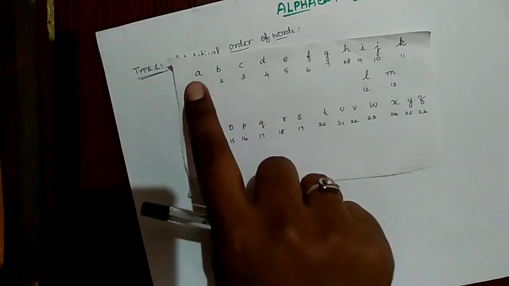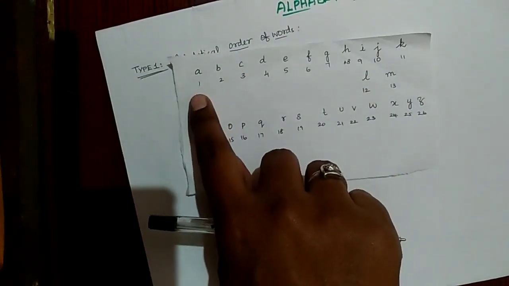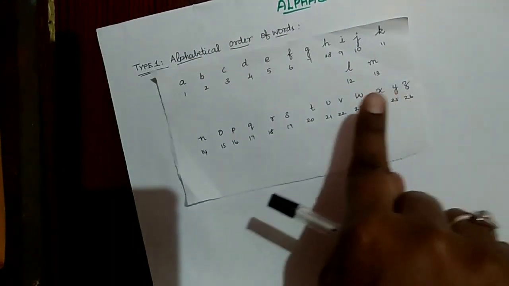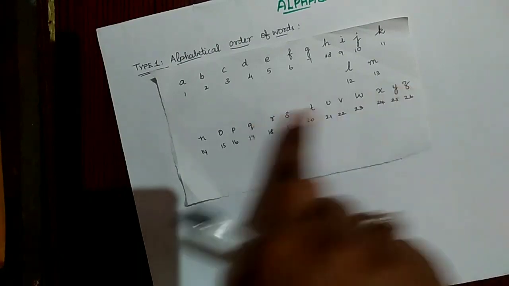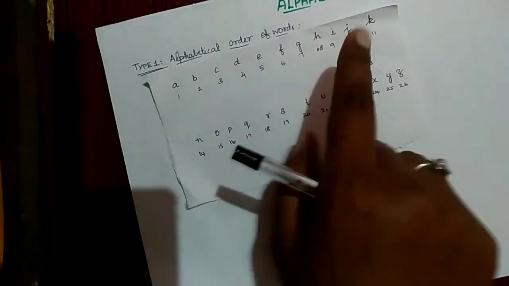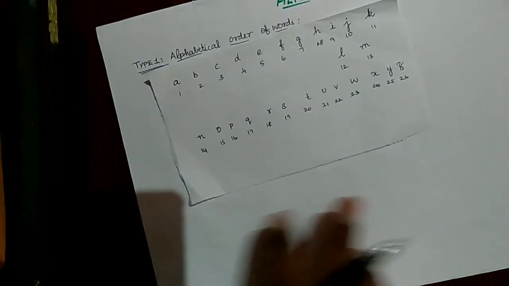Okay, so I have written A to Z, and I have denoted them with the numbers 1 to 26. You can even write this in reverse order, with Z as 1 and Y as 2 and A as 26, like that. Okay, in this problem we have to arrange in the order as in the dictionary.